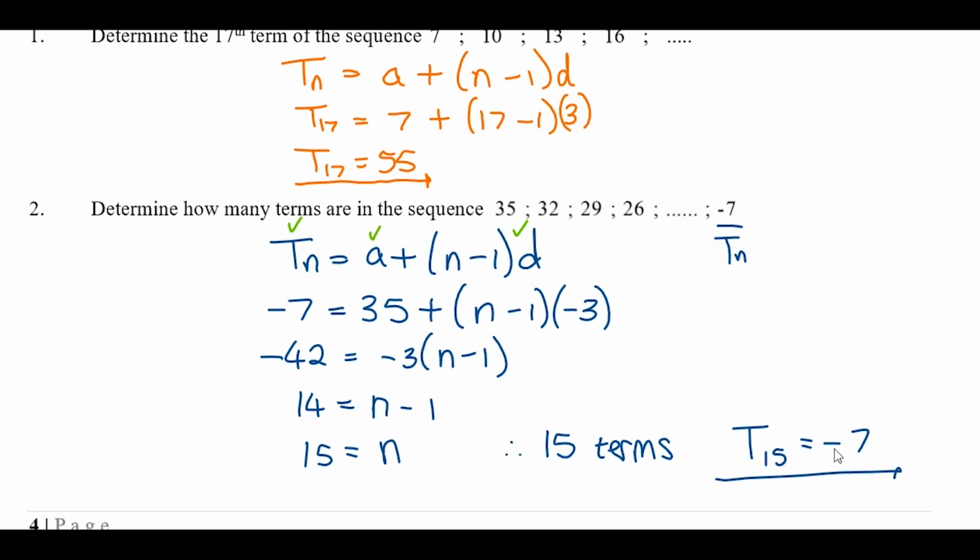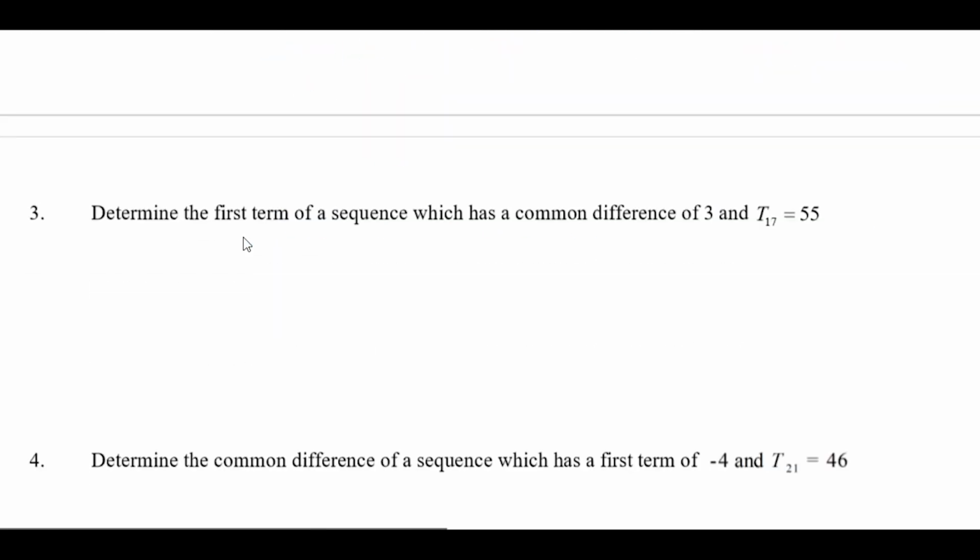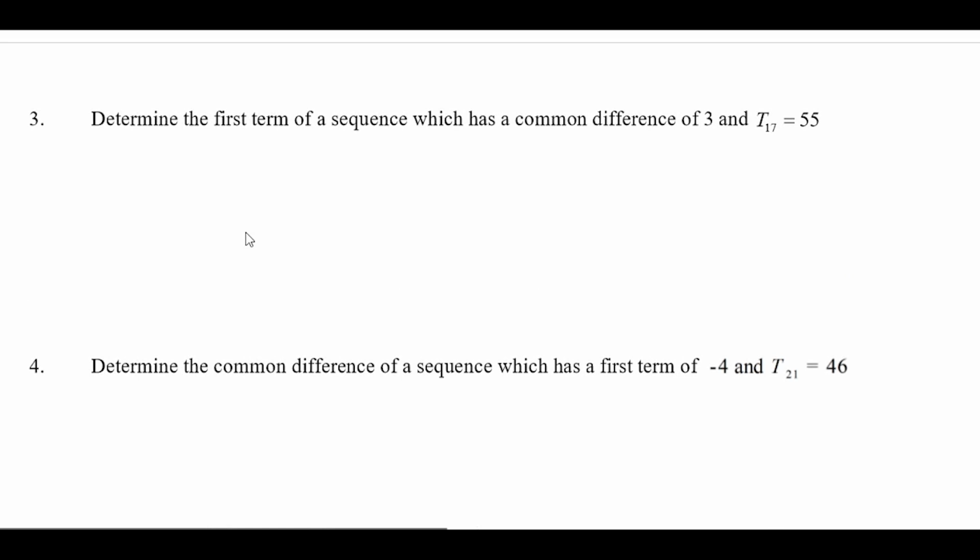Okay, right, let's do another one. And this time we're going to be missing a different variable. All right, this one asks the first term of a sequence which has that common difference, and we know that the 17th term is 55. All right, let's have a look. So we've got our formula, Tn equals A plus n minus 1 lots of d.